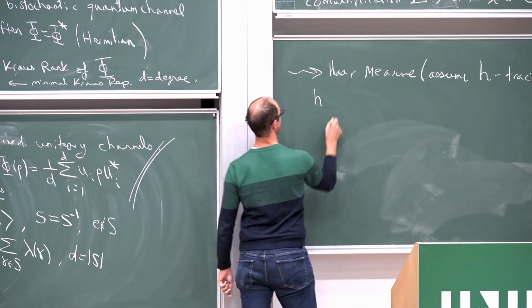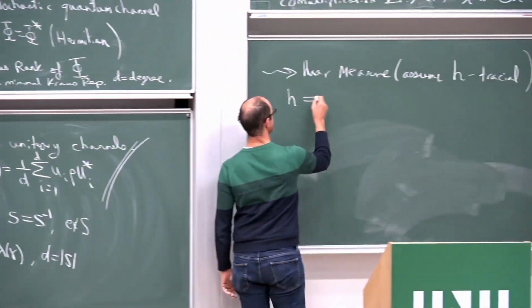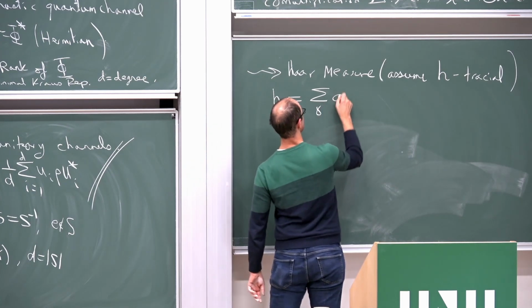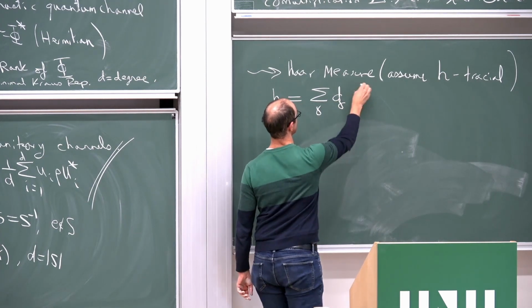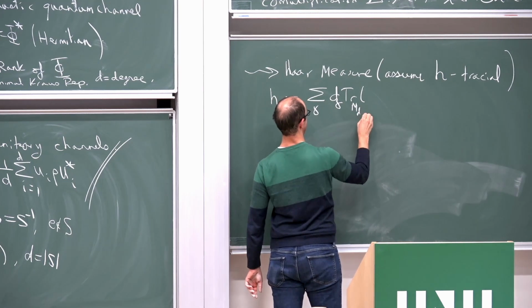You can write down the formula, and you saw this in Mateusz's talk. The Haar measure is this weight, which is the sum over gamma of the dimension of gamma times the unnormalized trace on M_{d_gamma}(C).